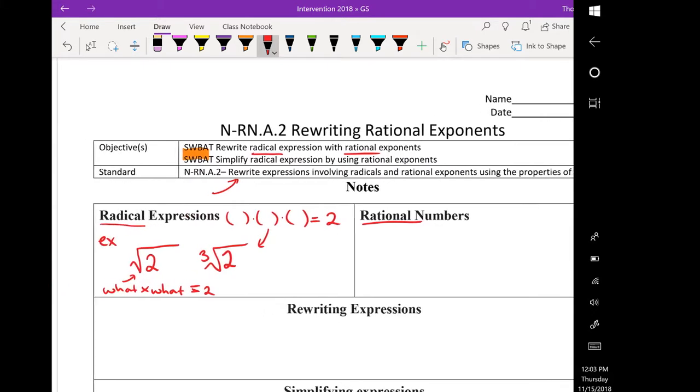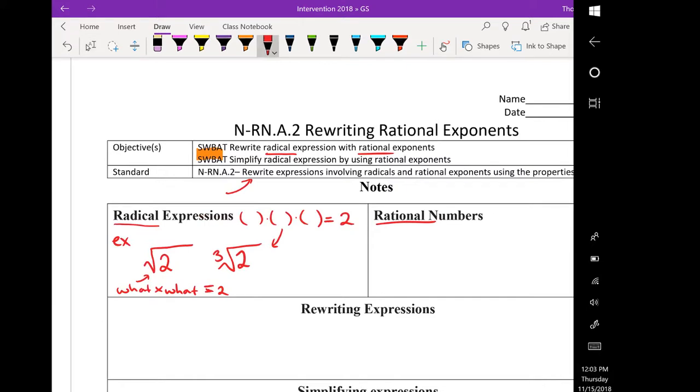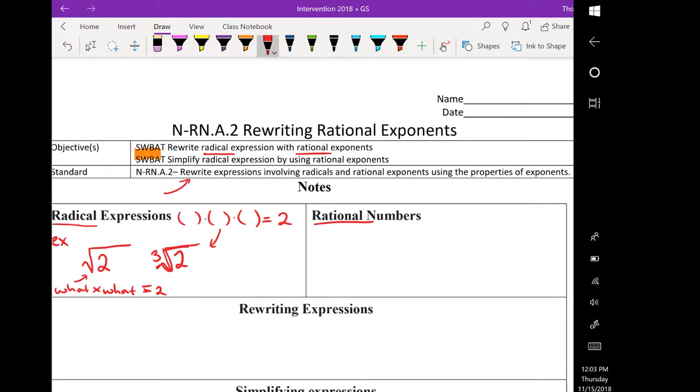Rational numbers, so that's radicals. That just means if it has that squiggly thing in it, that's a radical. Rational numbers now are numbers that we can write as a fraction, something over each other. So an example of a rational number would be 1 over 2, or 3 over 2.